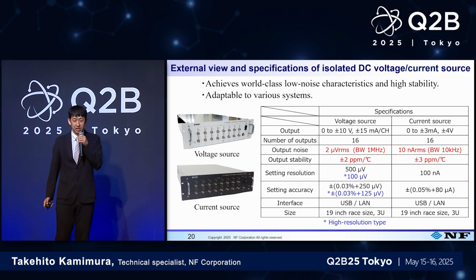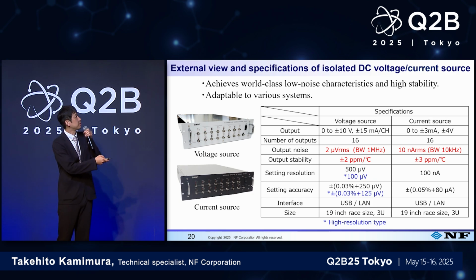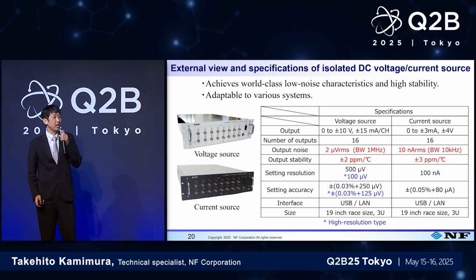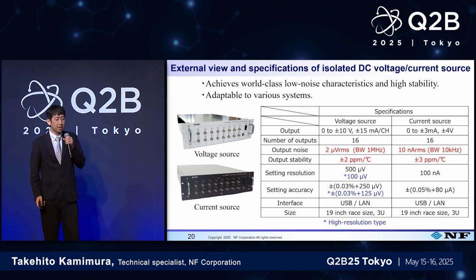Here are the appearance and specifications of the isolated low noise DC voltage current source. As I said earlier, they deliver extremely low noise performance and also high stability. So they are a perfect choice for quantum bit, JPA, and HEMT amp control.